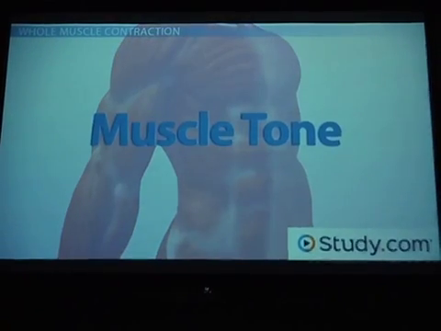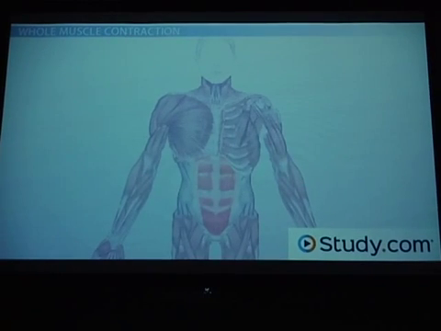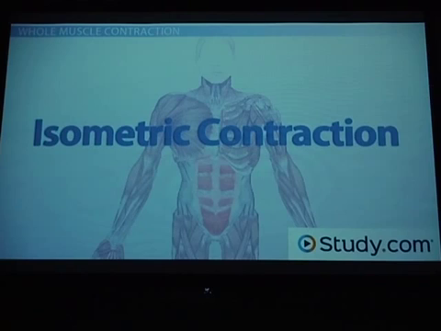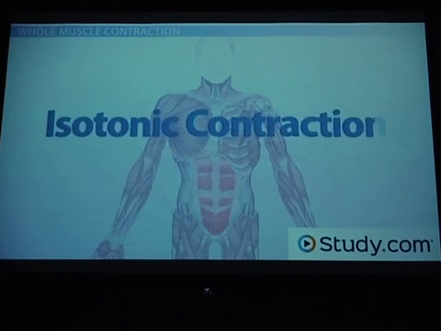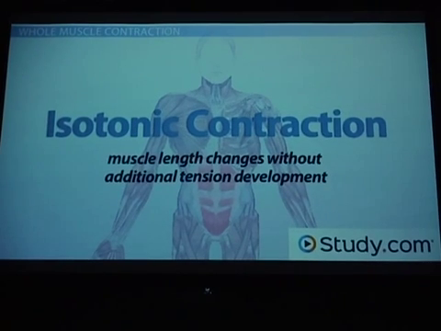Muscle tone is the resting tension in the skeletal muscle, and it helps to stabilize the position of the bones in the joints. This lesson will describe the nature of isometric contractions, in which the muscle does not change length, and isotonic contraction, in which the muscle length changes without additional tension or force development.